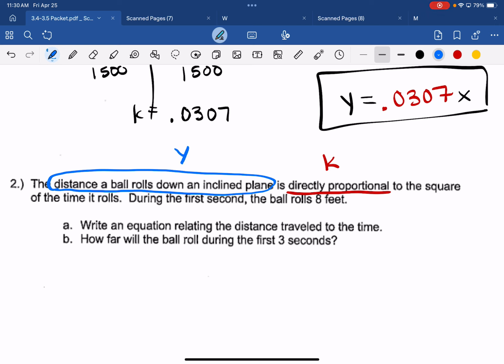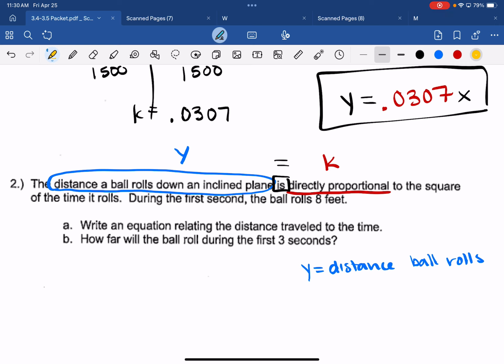You can just abbreviate y as distance, or distance the ball rolls. That's all that means. So again, the first thing I tell you in the sentence is my y. Directly proportional just tells me I have that k value. And this last one, to the square of the time it rolls.